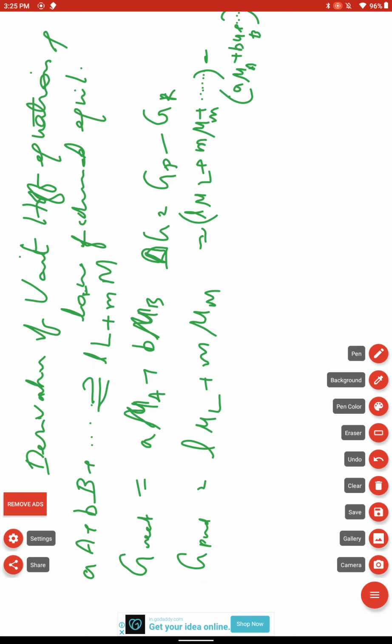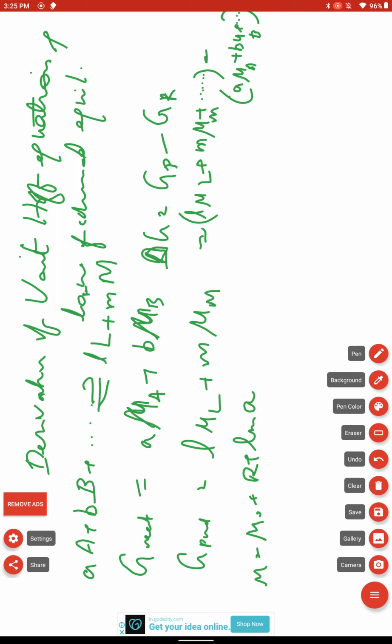We have already seen the equation mu is equal to mu 0 plus RT ln a, without any constants.